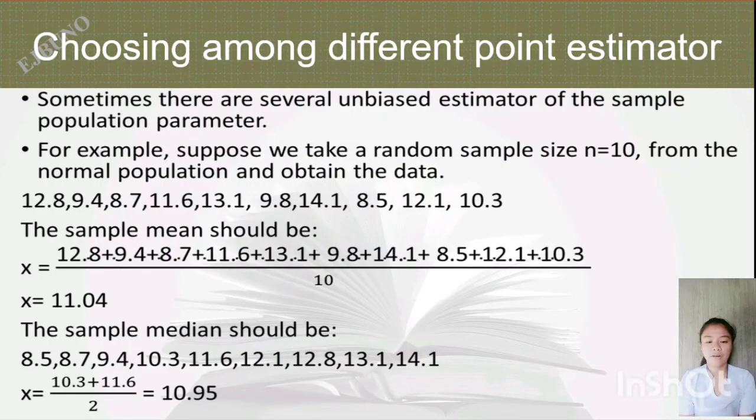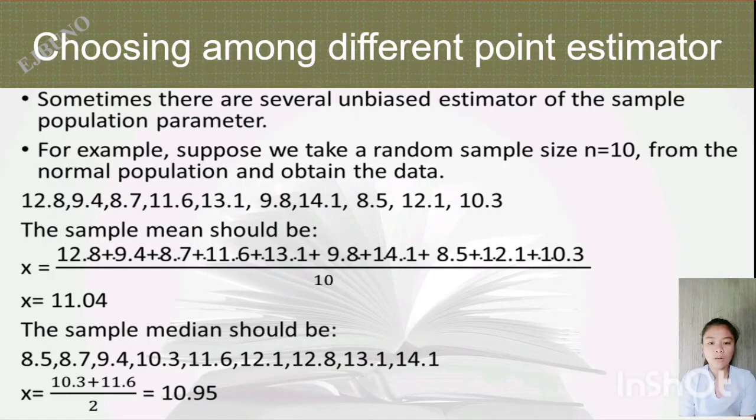Sometimes there are several unbiased estimators of the sample population parameter. For example, suppose we take a random sample of size n equal to 10 from a normal population and obtain the data 12.8, 9.4, 8.7, 11.6, 13.1, 9.8, 14.1, 8.5, 12.1, and 10.3.